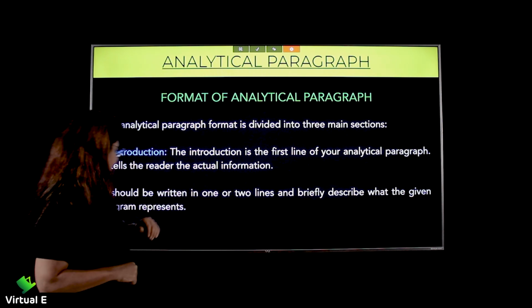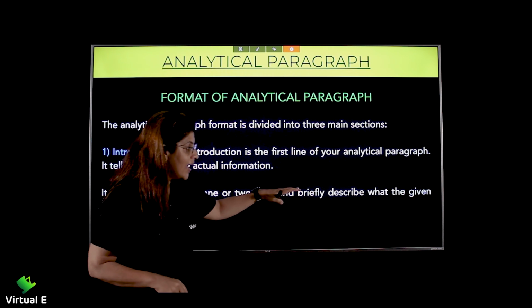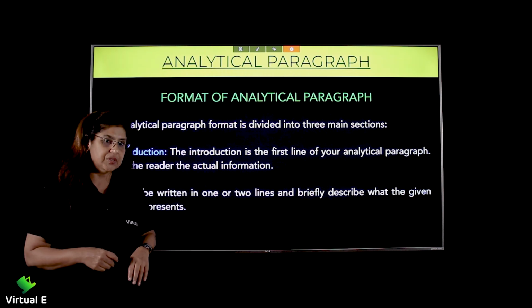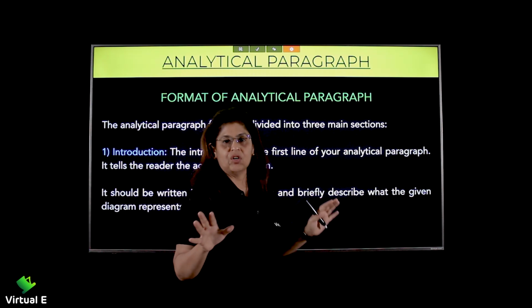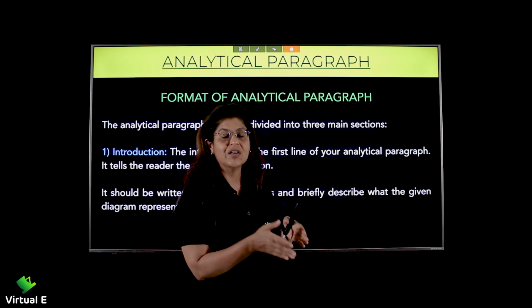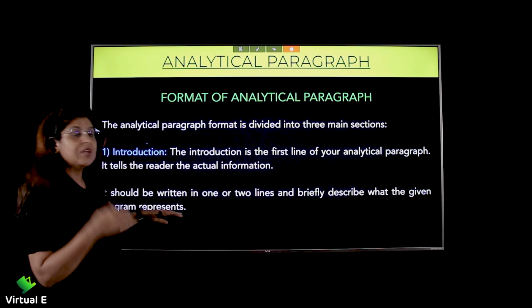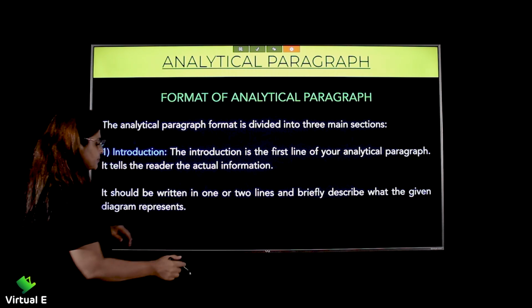It should be written in 1 or 2 lines and briefly describe what the given diagram represents. You're not writing a letter, no hey, hi, what's up, nothing of the sort. We have to get to the introduction directly. We have to deal directly with the diagram. What the diagram is telling us, we have to bring that in the first line.